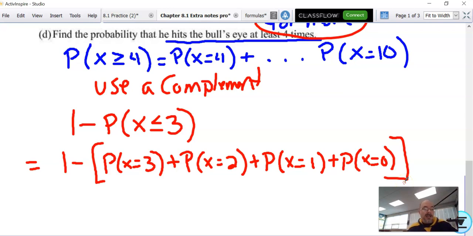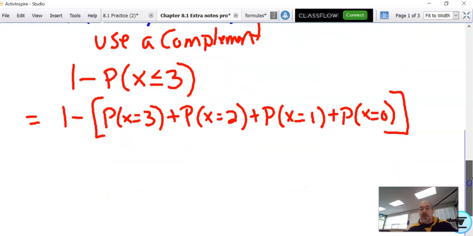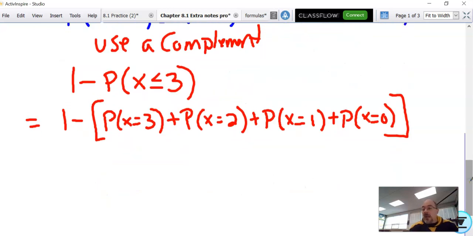Believe me, it is less work at setting it up. Now, I'm not going to go through and set that up. I'm going to give you the answer, and I want you to see if you can get the right answer. If you can, then you've got this binomial stuff down. You should get 0.999.